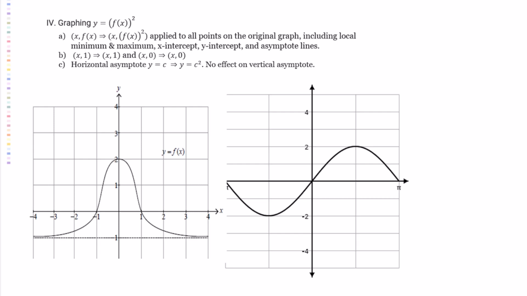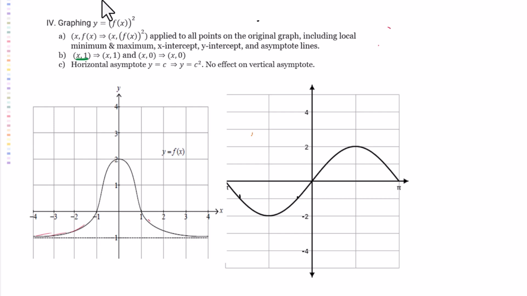Special points will be x-intercepts and y equals 1, which stay the same. For the horizontal asymptote line y equals c, it will be y equals c squared. No effect on vertical asymptote lines.